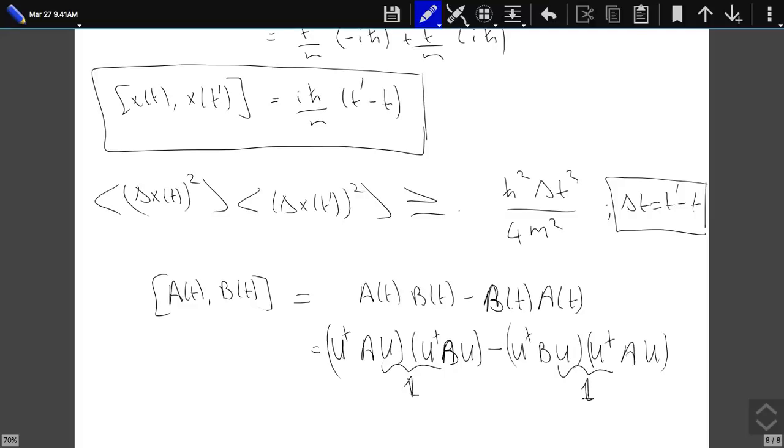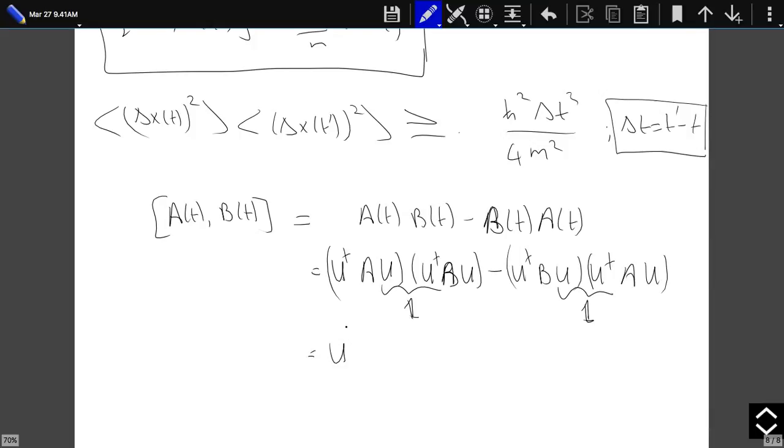Similarly, this product is just 1. So this is nothing but U dagger [A, B] U.